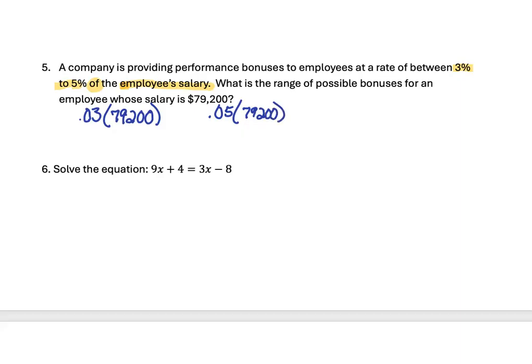And we're just going to type this into our calculator. So for the lower end of the bonus range, it would be $22,376. And the upper end of the range would be $3,960 for our bonuses.